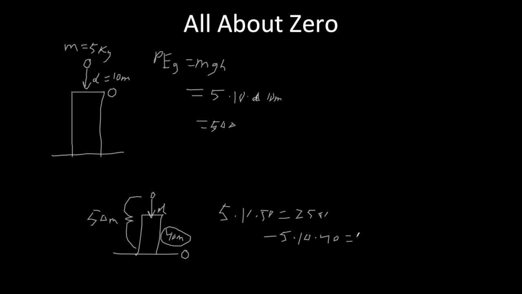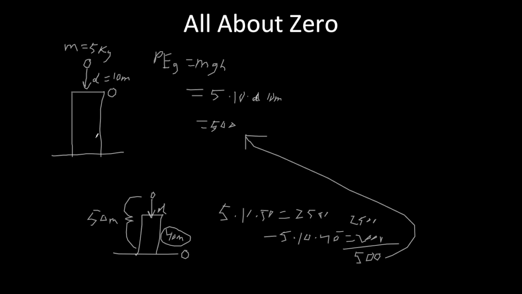And this is 2,000, and 2,500 minus 2,000 is once again 500. The same answer that we got up here.